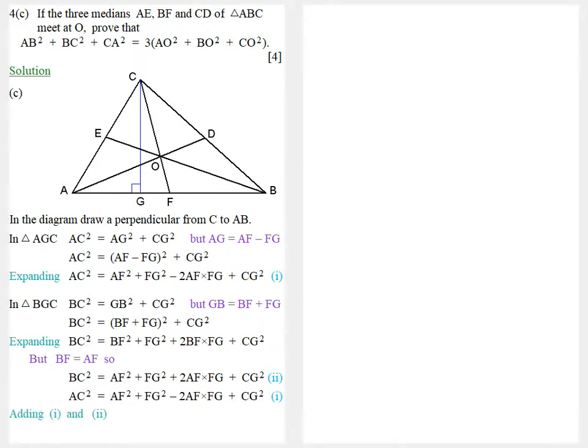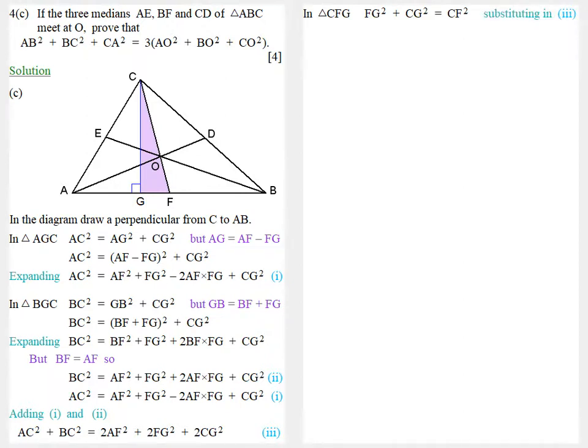Now if we add on equation 1, we get AC squared plus BC squared equals 2AF squared plus 2FG squared. The next terms cancel out, you've got a plus amount and a minus amount, and so you're left at the end with plus 2CG squared. In triangle CFG, again using Pythagoras' theorem, FG squared plus CG squared equals CF squared.